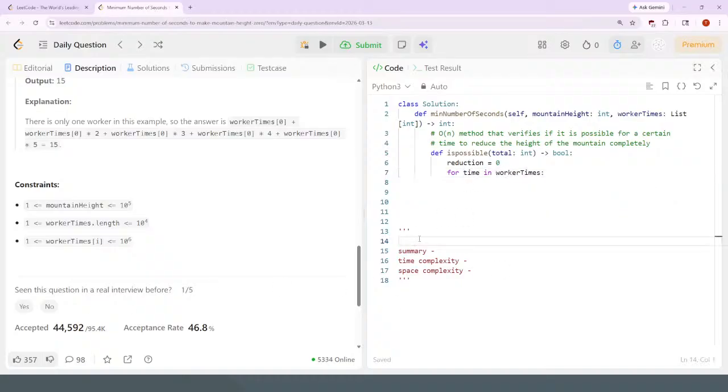I'll say if the total time is equal to t times 1 plus 2 plus dot dot dot plus x, I'm solving for x, which is the reduction. So total equals t times x times x plus 1. No, is that right? x times x plus 1 over 2.